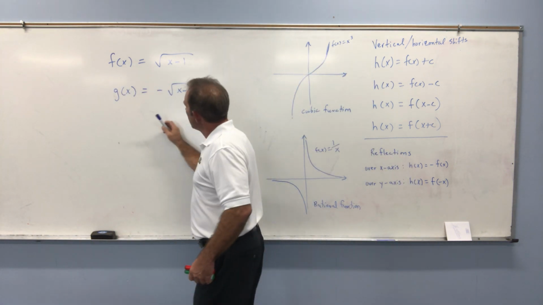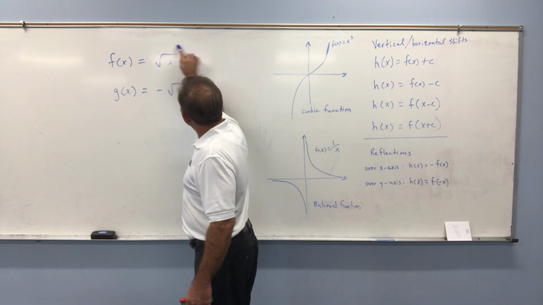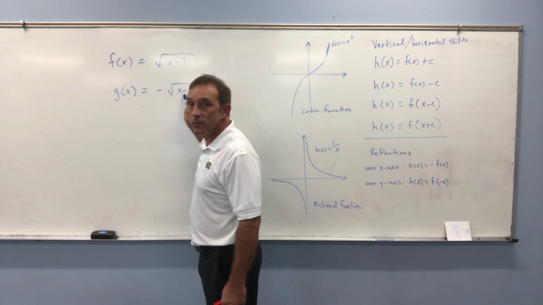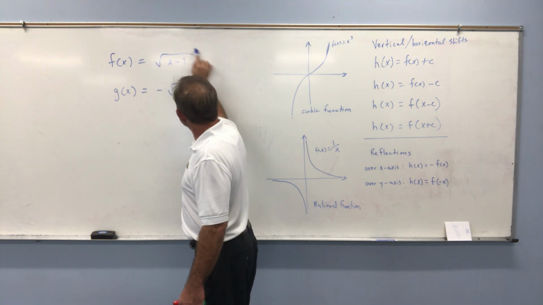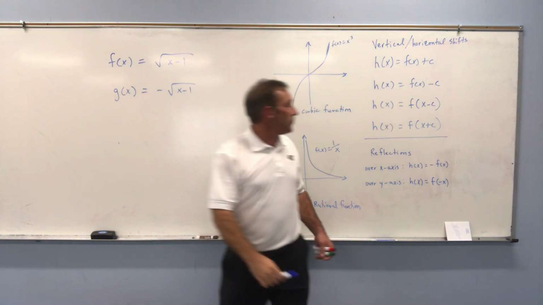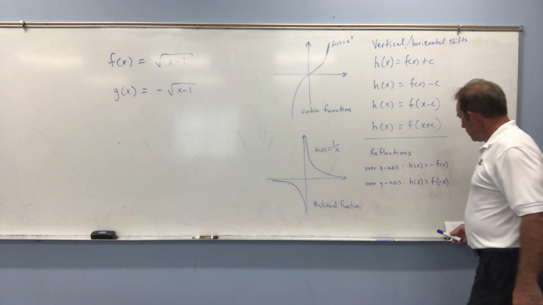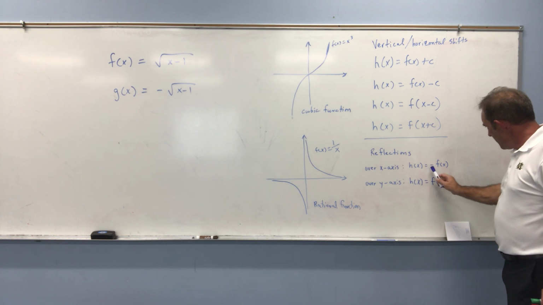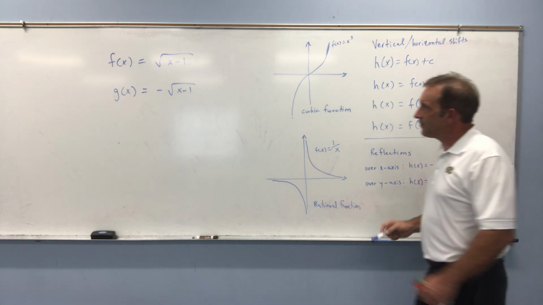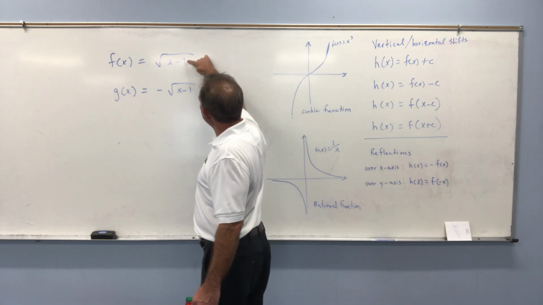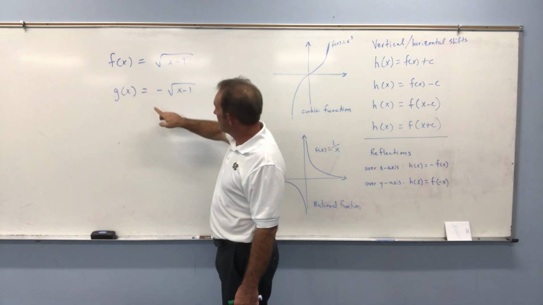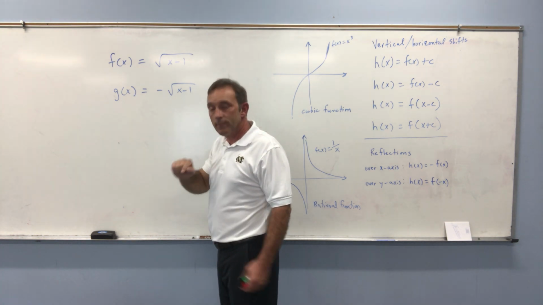Well, the graph of this, notice this is the negative of f of x. Because f of x is the square root of x minus 1. This is the negative of that. So g of x is the negative of f of x. That's a reflection over the x-axis. So the graph of this reflected over the x-axis is what this one would look like.